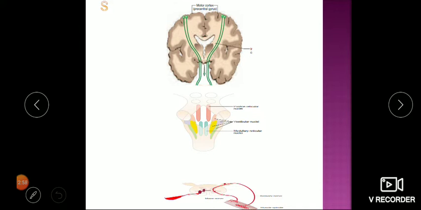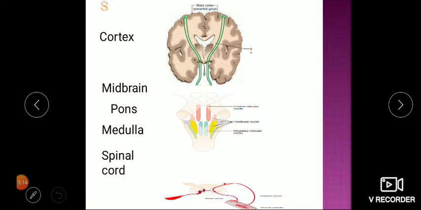Now, to start with the first pathway, that is a direct pathway, arising from the cortex and traveling along the midbrain, pons and medulla. While going through the medulla, this tract makes big pyramids and ends in the spinal cord. As it starts from the cortex and ends in the spinal cord, this tract is called the corticospinal tract.